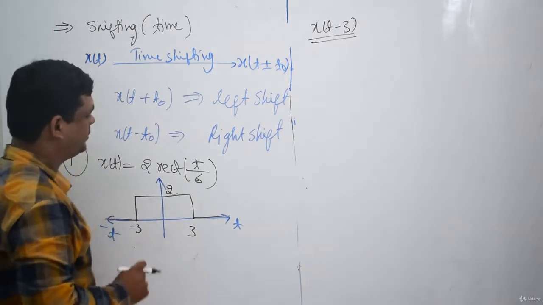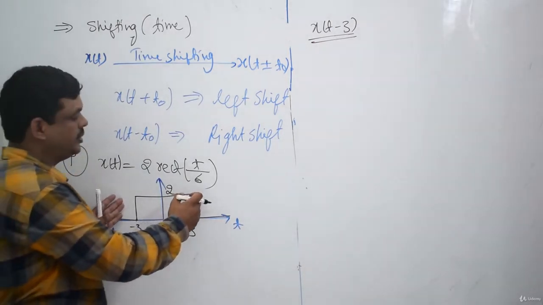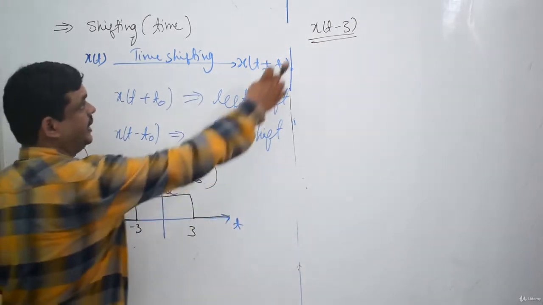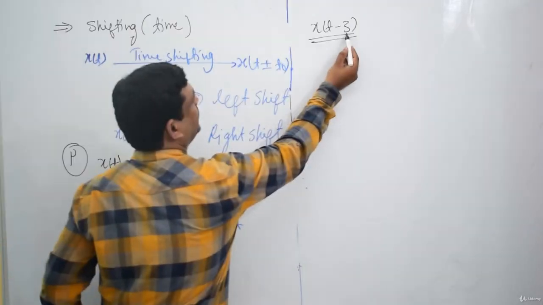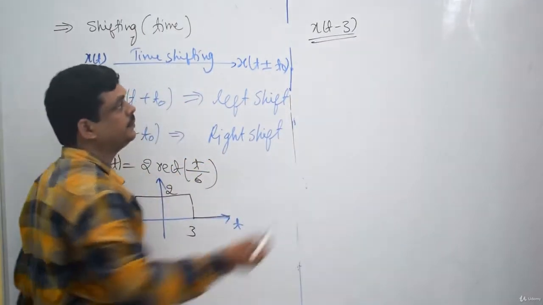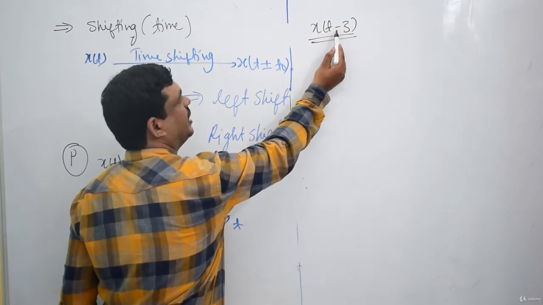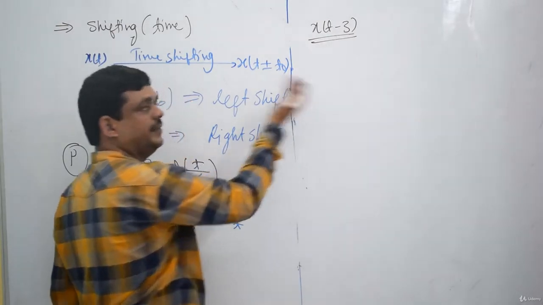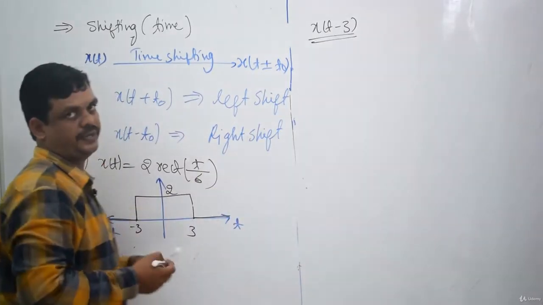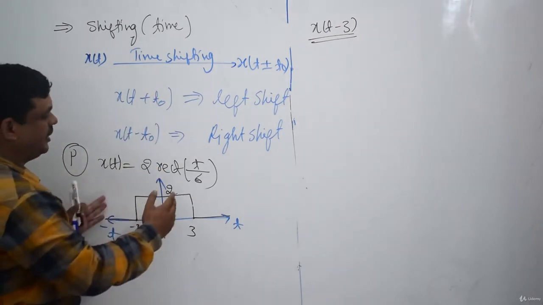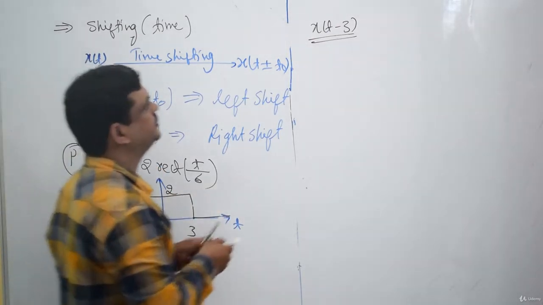X of t minus 3 explains this complete function shifted right side 3 times here. This value explains the number of times of shifting operation, and this symbol explains the plus or minus. This symbol explains left side shifting or right side shifting operation. So x of t minus 3 is shifted right side.